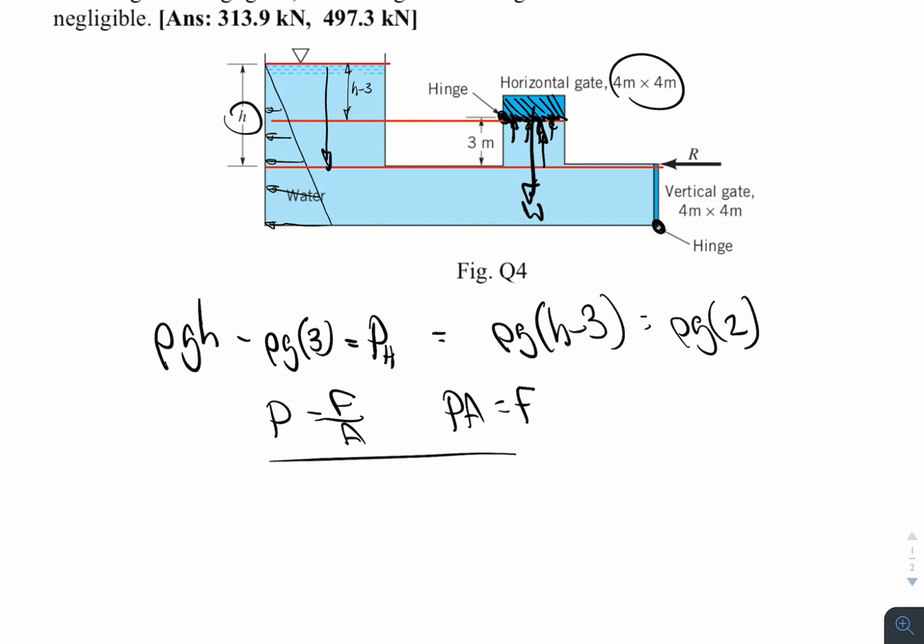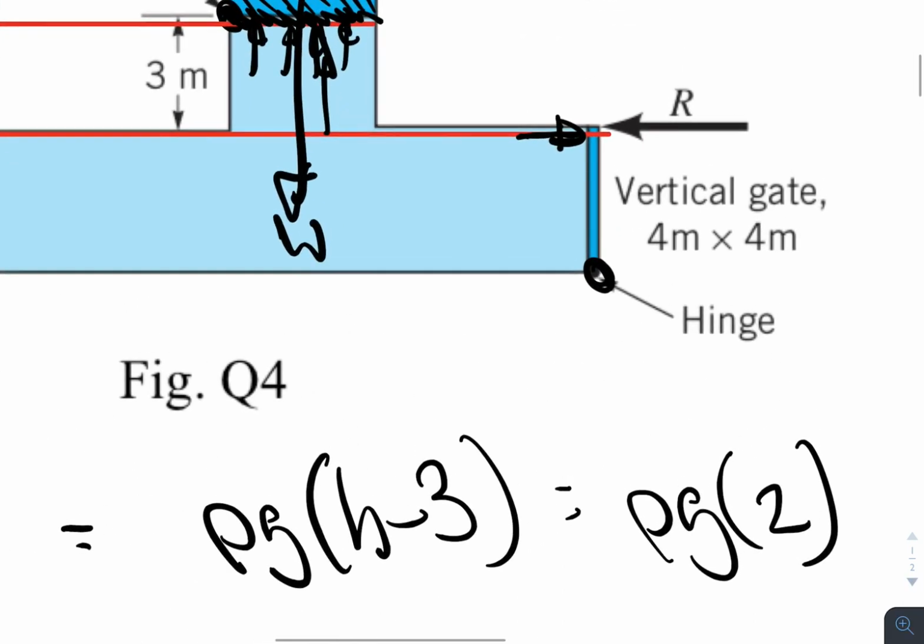Now the second part is a little bit more complicated because our gate exists at some lower pressure here. There's some finite pressure just up here that we have to account for. And we know it must increase with depth down to here. So we're dealing with a pressure prism again.